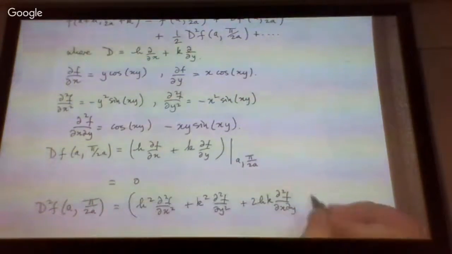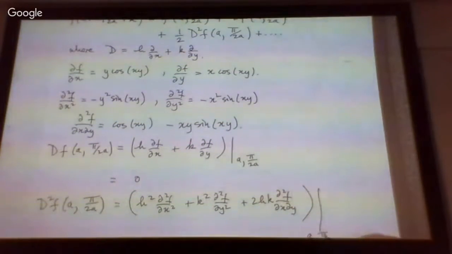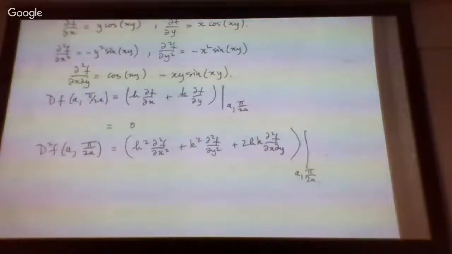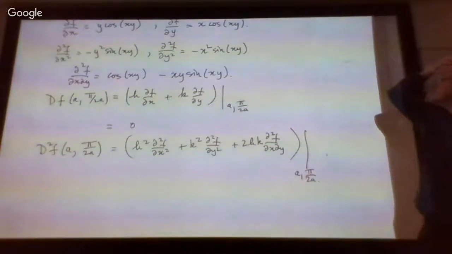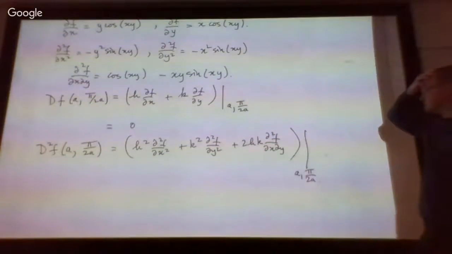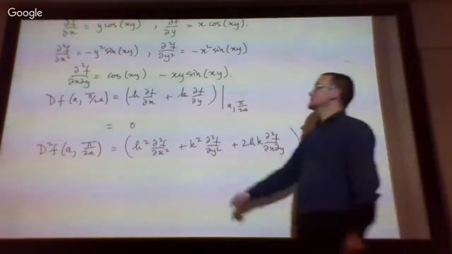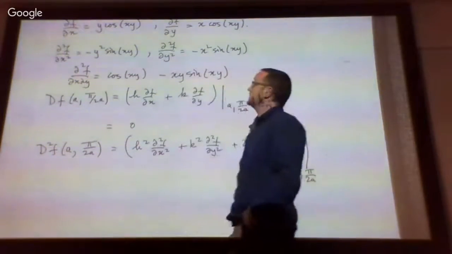And again, this is all evaluated at (a, π/2a). We've got these all on the screen here. So yeah, we do get stuff here. The product term x times y gives us just π/2. So we have sine π/2, sine π/2. So those are just the ones.